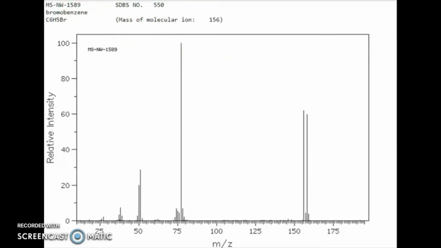Now, what I had said earlier is that bromobenzene is going to be C6H5Br. Sorry for my shaky hand here.